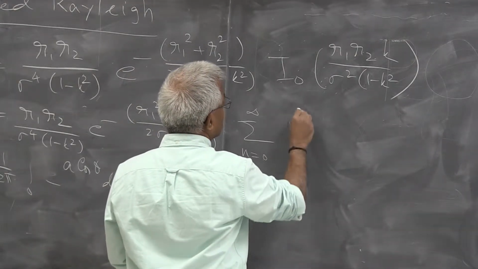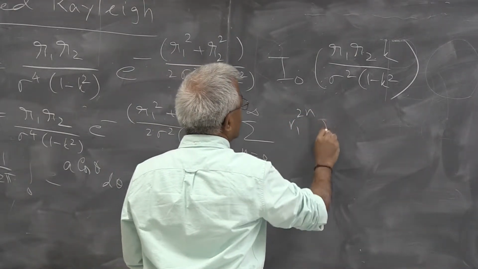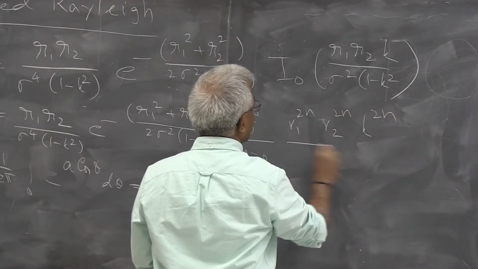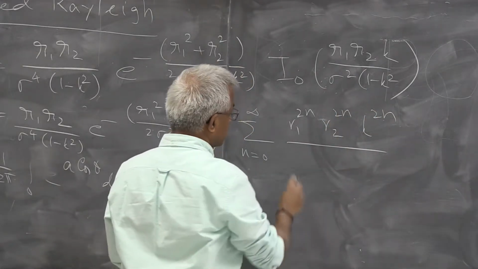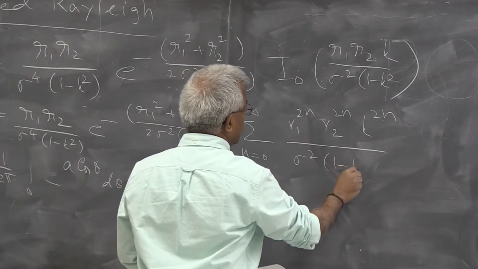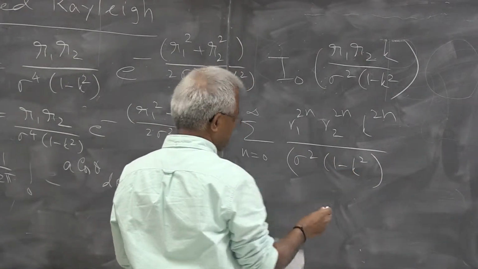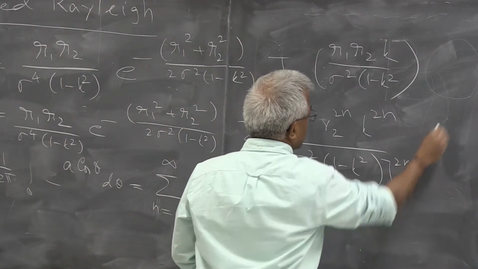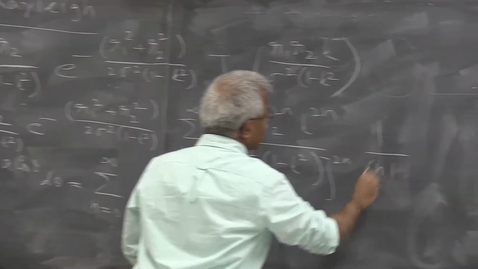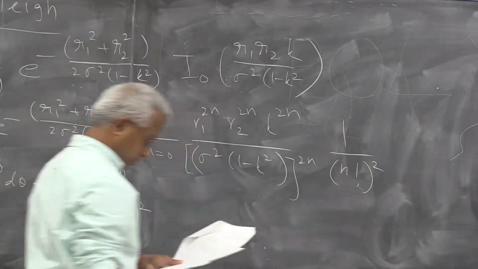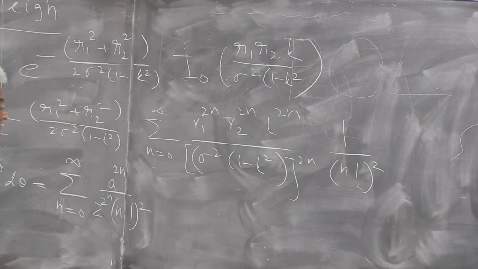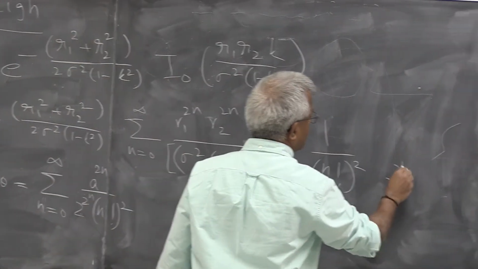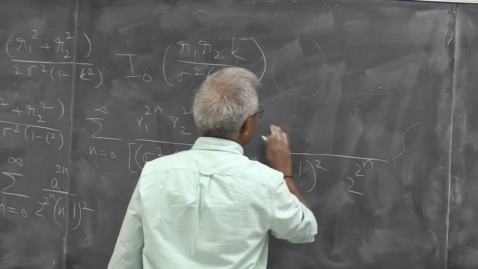So this is R1 to the power 2n, R2 to the power 2n, k to the power 2n over sigma squared, 1 minus k squared to the power 2n, and 1 over n factorial squared, I guess. And we have a 2 to the power 2n in the denominator.